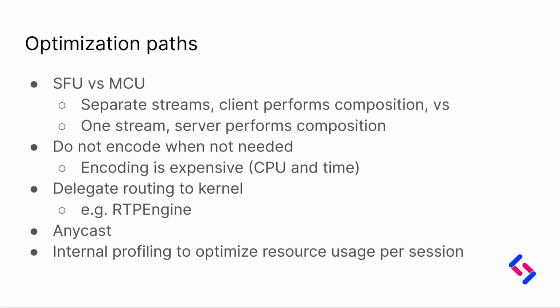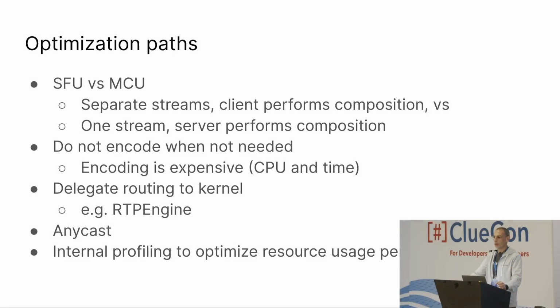And of course, there are ways to prevent the encoding operation when it's not needed, because that's going to be one of the most expensive activities, more expensive than routing.